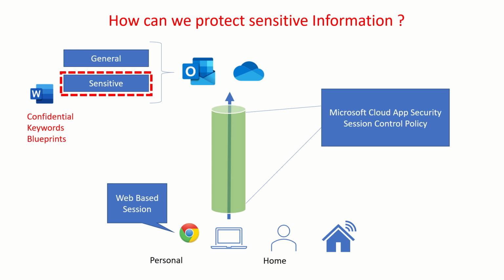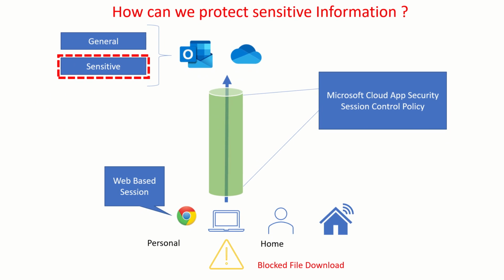In this case, when I click on download, this file will be inspected with the session control policy itself, and the download will be blocked. And as a user, I will get a warning that this file download is blocked because it is not allowed by your enterprise, right? So this is what typically means when we talk about having real-time content inspection in place with the help of session control policies.